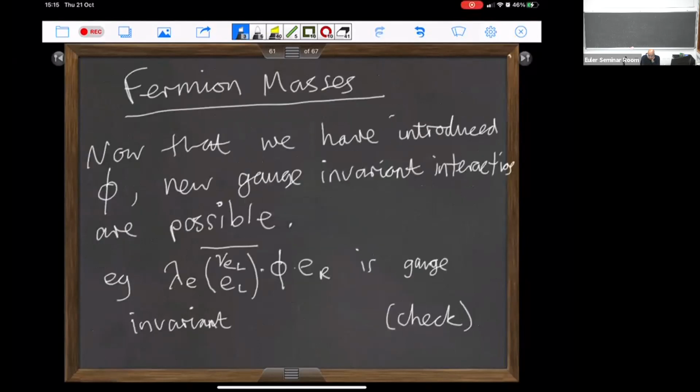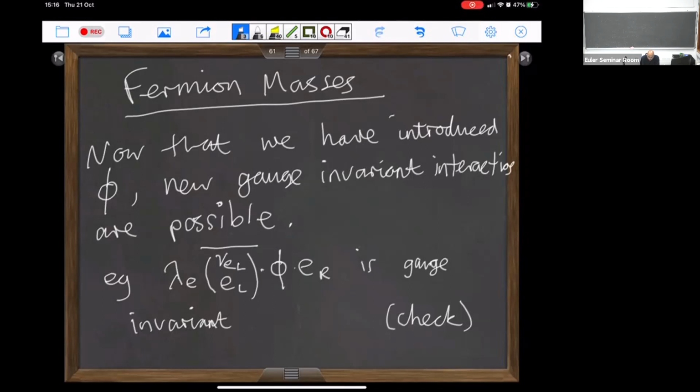Okay, so that explains how the gauge boson masses arise, but we still haven't finished because we've got to understand the fermion masses. And the Higgs mechanism also solves the fermion mass problem that we mentioned earlier.